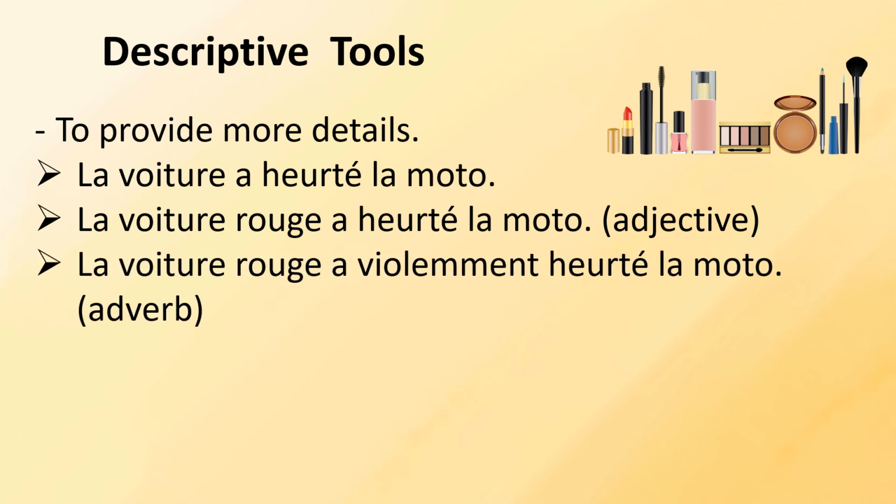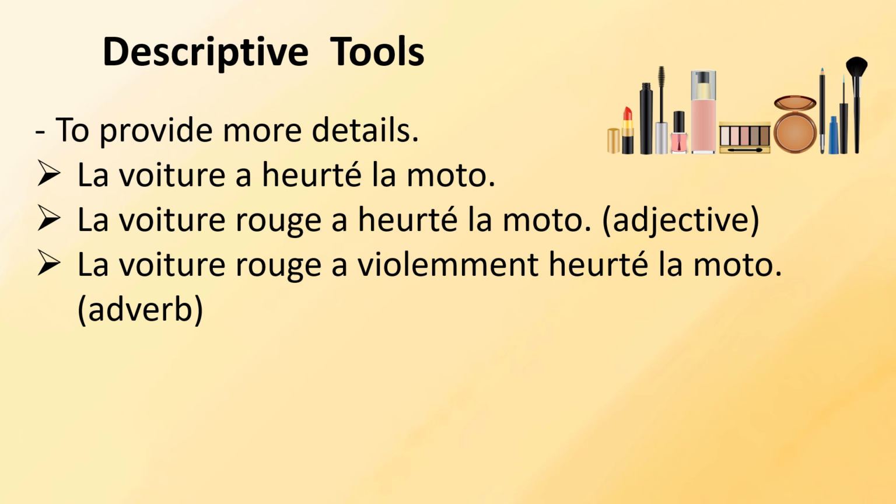What about this one? La voiture rouge a violemment heurté la moto. So this time, the detail is not with la voiture, but with the action. It was a violent action. Okay, so this time I'm using what we call an adverb because I'm adding the information to the verb, which is heurté in this particular sentence.